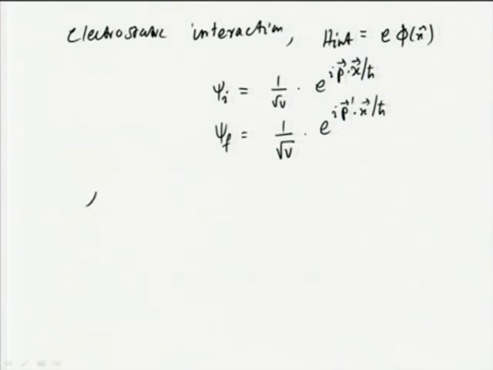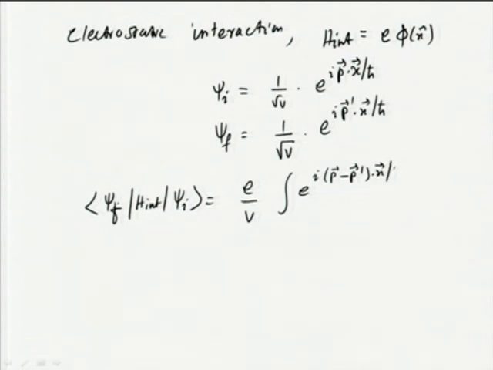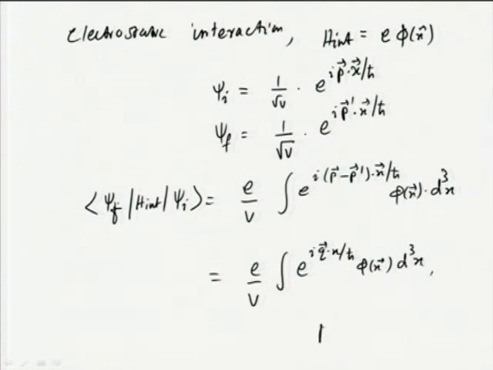That will give you psi f H interaction psi i equal to E over, there are 2 under root V's in the denominator, so 1 over V, and the transition matrix element in the coordinate representation is the integral of exponential i p minus p prime dot x over h cross phi of x d 3 x, or I can write this as E over V integral e power i q dot x over h cross phi of x d 3 x, where q is the momentum transfer, the change in the momentum.